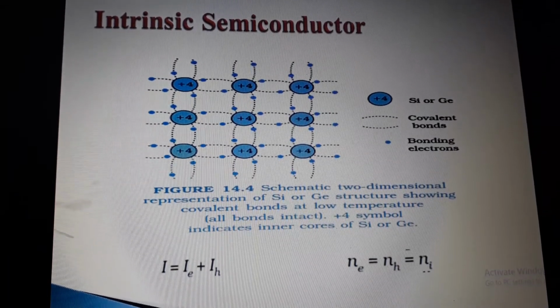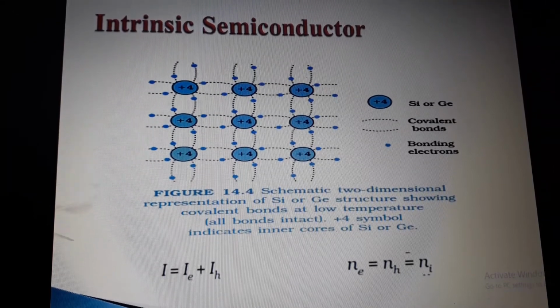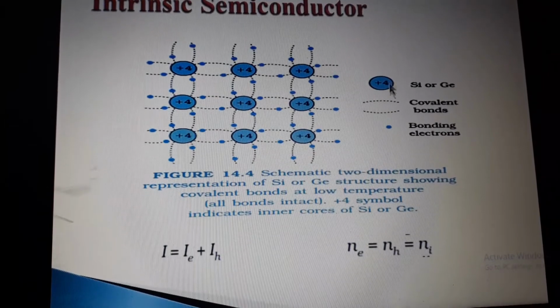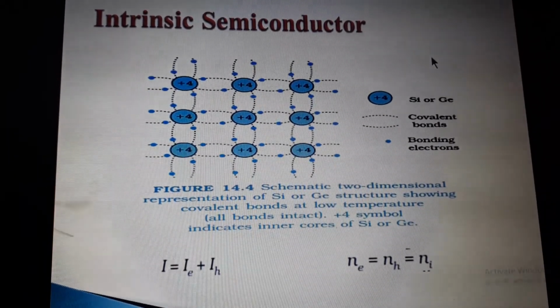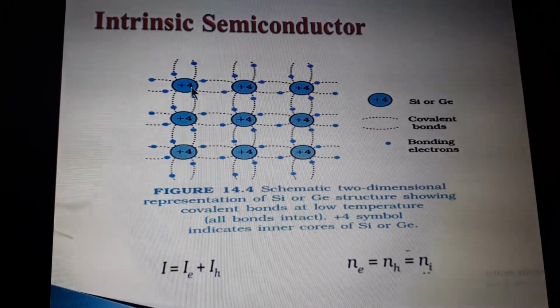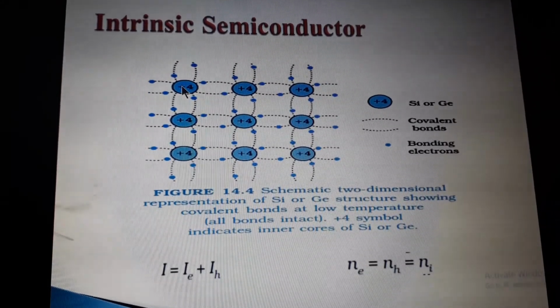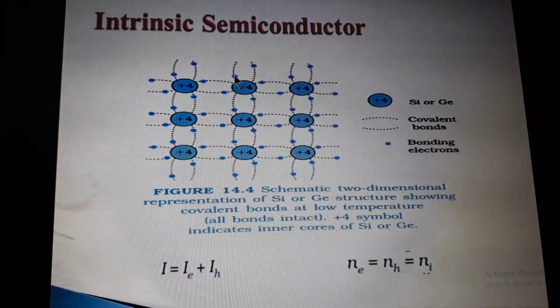So just see, semiconductor means something like silicon. You know the atomic number of silicon is 14. That means in the first orbit 2, in the second orbit 8, and in the outermost orbit 4 electrons. In the same way, here too, the outermost orbit has 4 electrons.